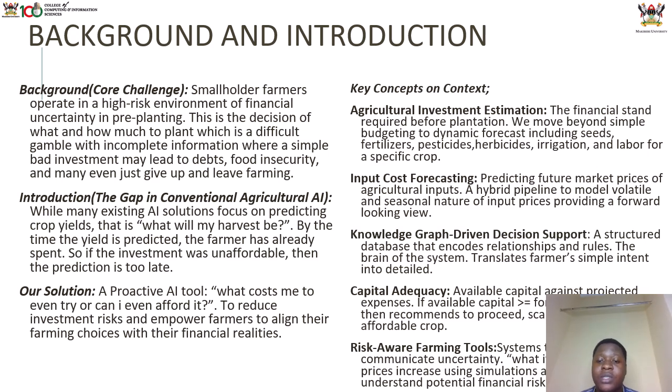Then capital adequacy, available capital against the projected expenses. So, what's the available capital? The available capital is the money at hand. Then the projected expenses are the predicted total input cost that the AI will predict.